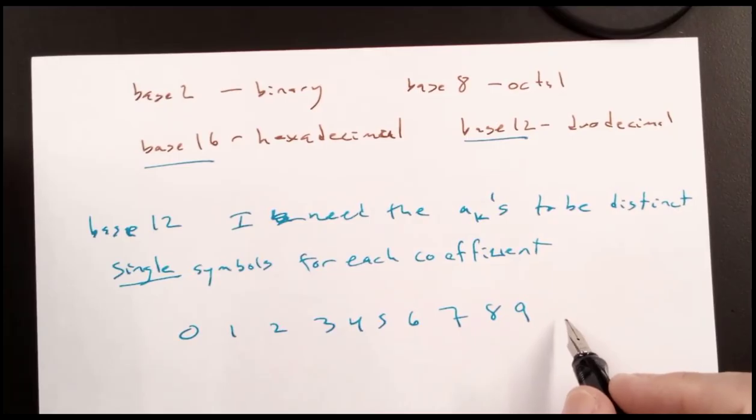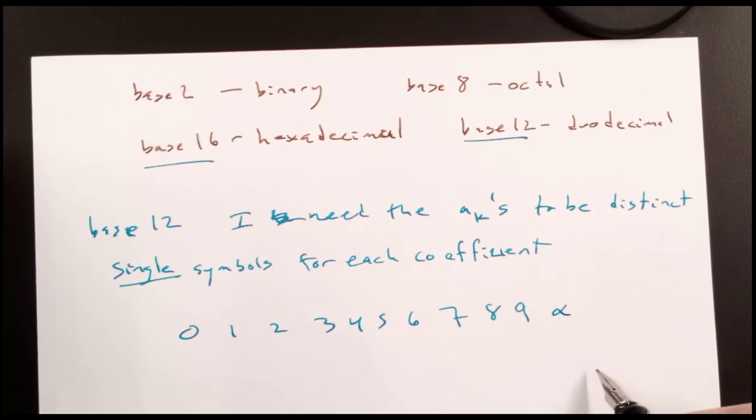I need a symbol for the digit 10, right? Okay, dec. L for 11. But when I get to 12, 12 is that. That's 1 twelve and no ones, right?